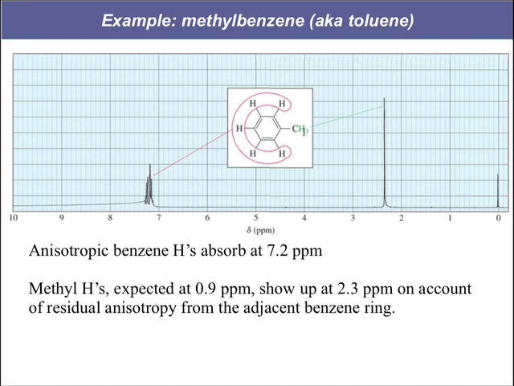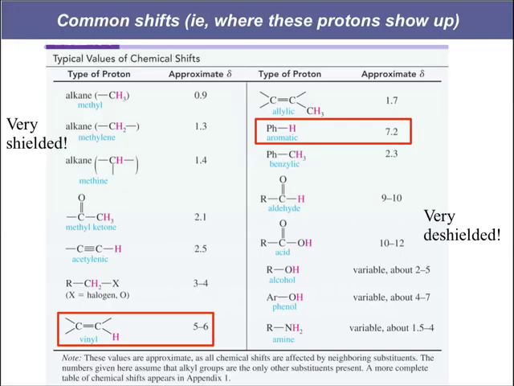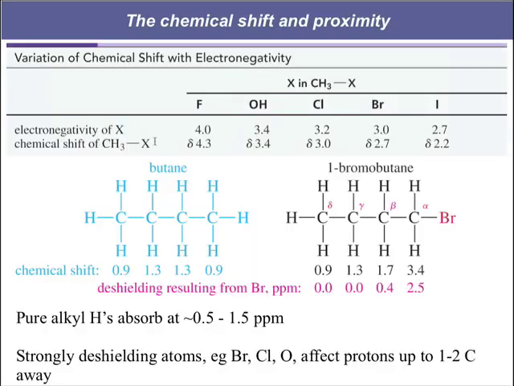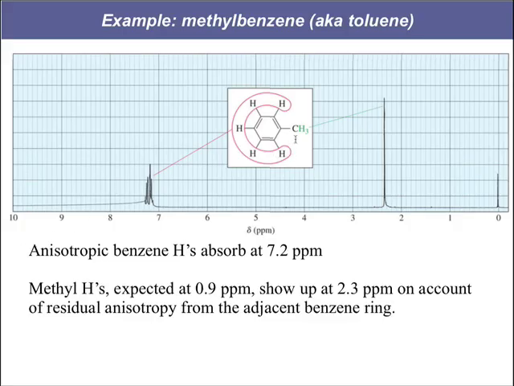Now, these methyl hydrogens are not normal methyl hydrogens. Normal methyl hydrogens would show up at 0.9, like we saw here. What is not normal about them is that they are on a ring.